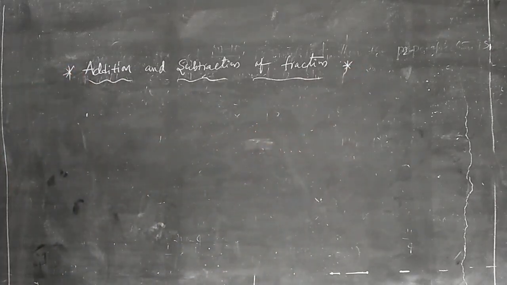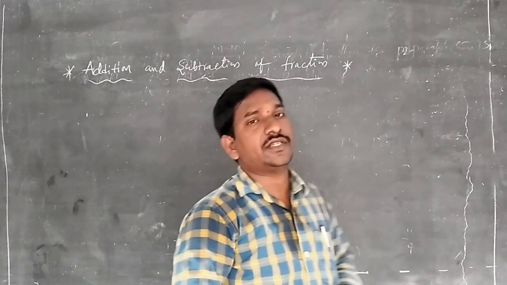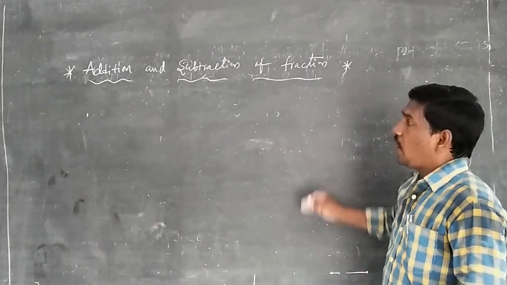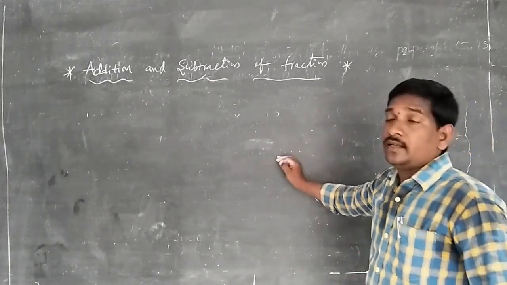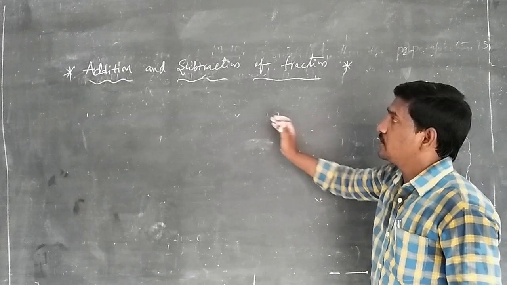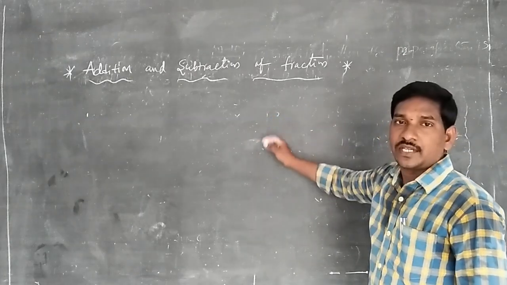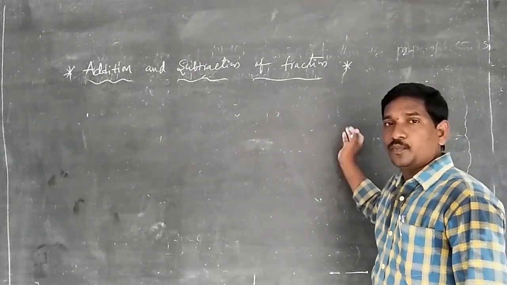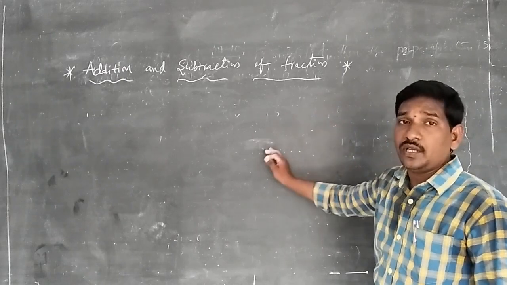Now, we can add like fractions and we can add unlike fractions and we can add mixed fractions, and we can subtract like fractions and we can subtract improper fractions and proper fractions and also mixed fractions.